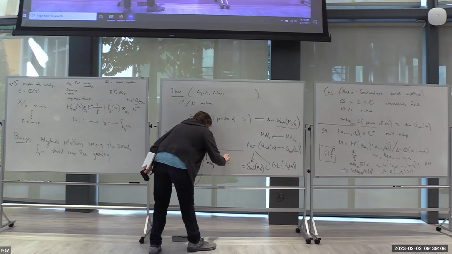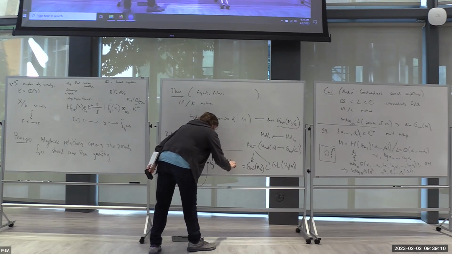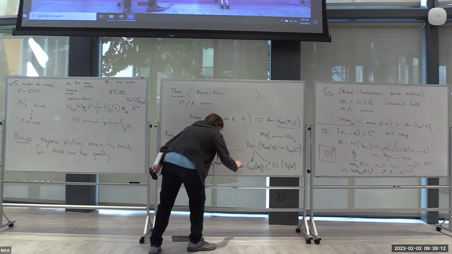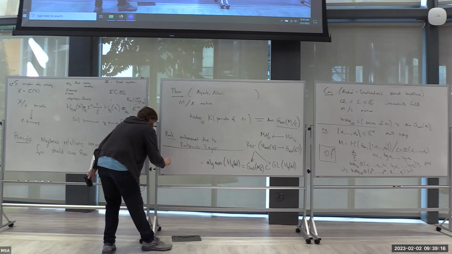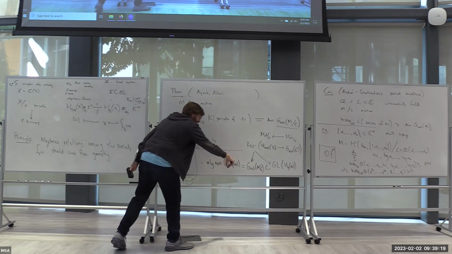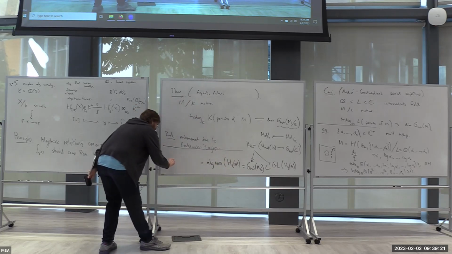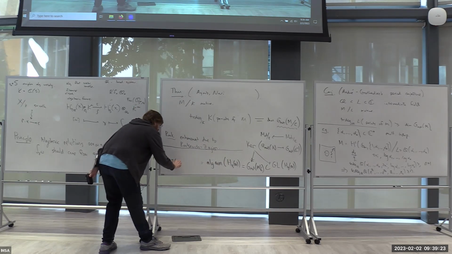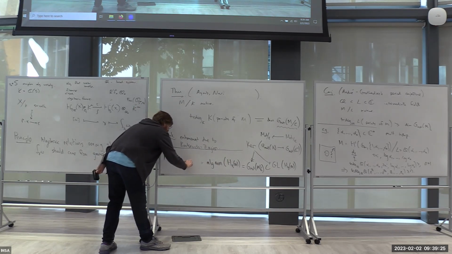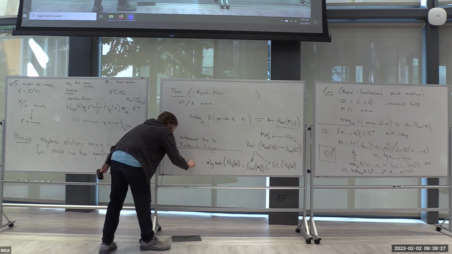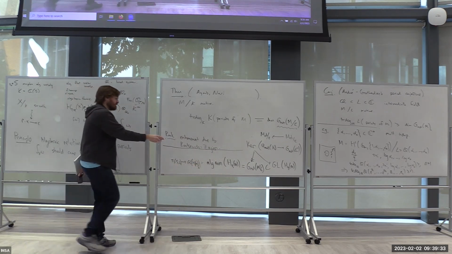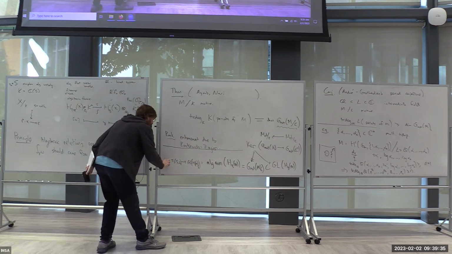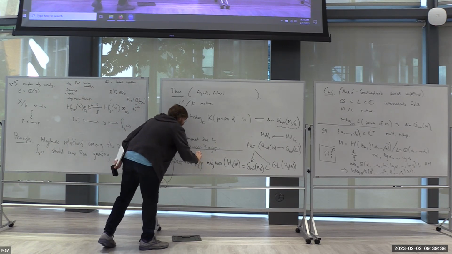What is the algebraic monodromy? Well, this Betti local system corresponds to some representation of the fundamental group into GL of a fiber of this local system. The algebraic monodromy is to take the image of this representation and take the Zariski closure.